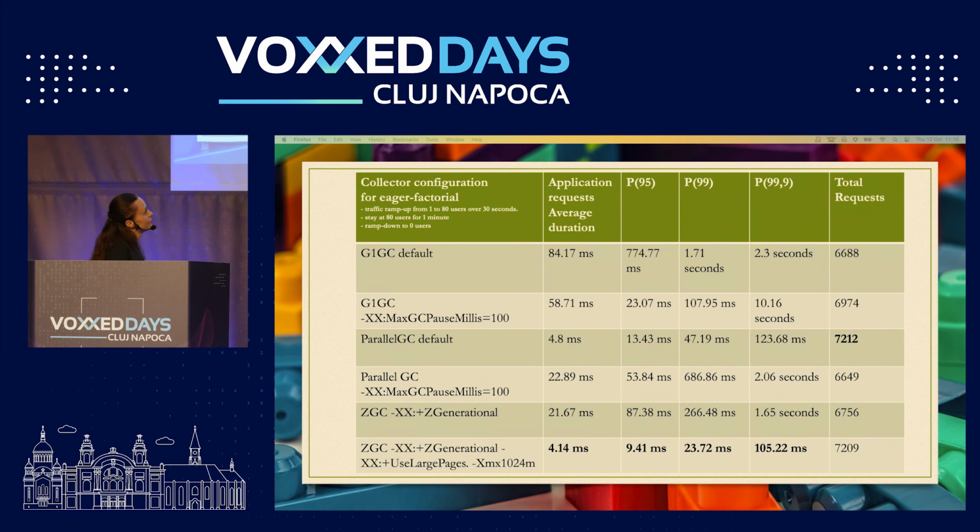So we started with defaults. And in the default part, we started with an average request duration of 84.17 milliseconds, which was the highest, with G1GC, the default for my application. So in case of the first application, the one that does mathematical calculations, it's CPU intensive, G1GC, the default, was not the best that I could choose for it.